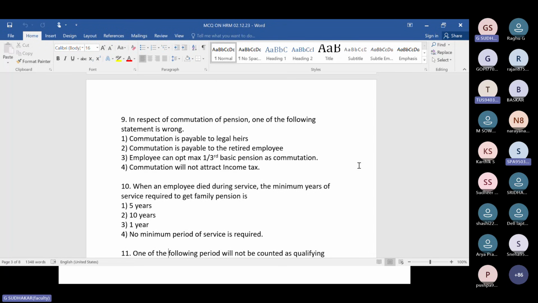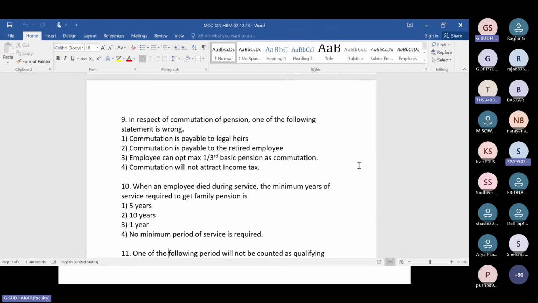So in this circumstance, suppose the person dies after immediate fixation of pension, say after 6 months. While calculating the family pension, will there be any impact of this? Commutation will be payable immediately after retirement. Suppose after attaining the age of 60, he gives commutation on the last day, and immediately the next day he dies.